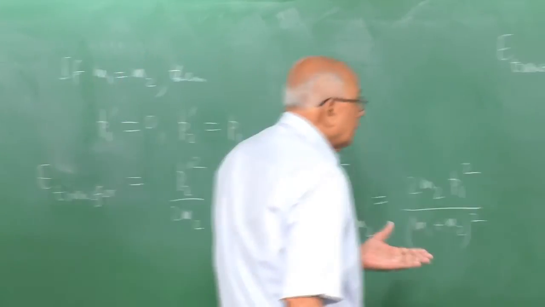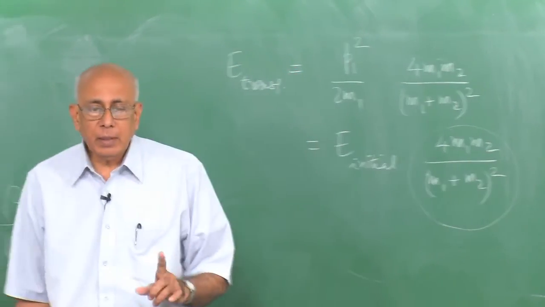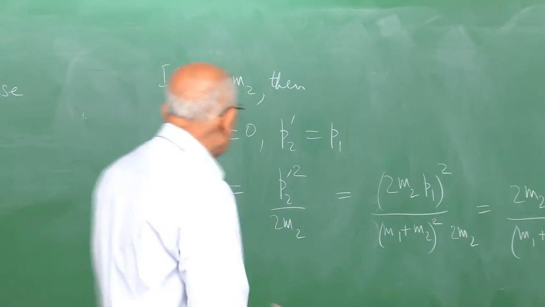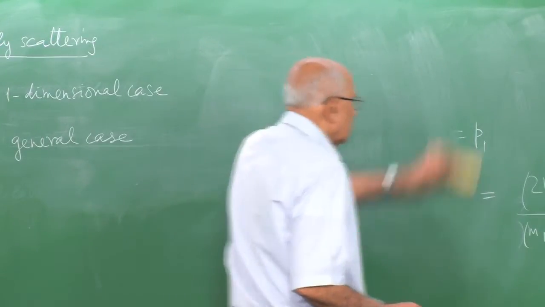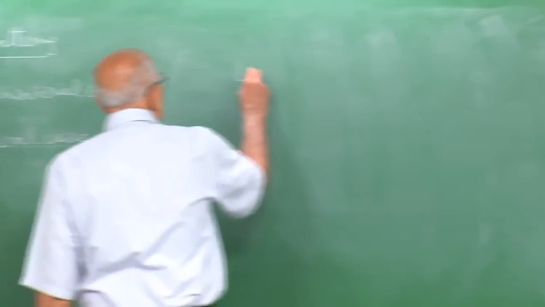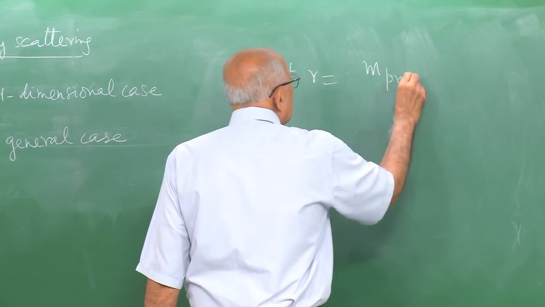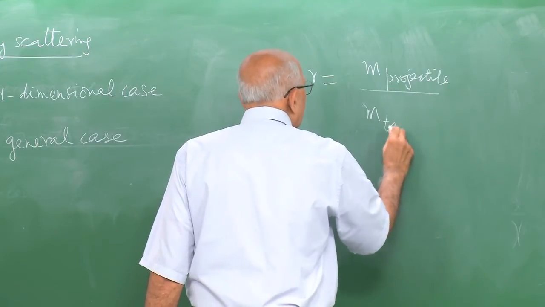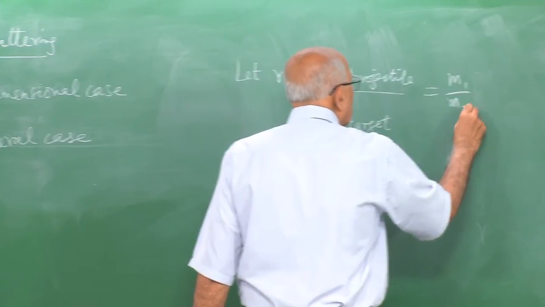And look at what's happening. It's quadratic in the two masses here. So the relevant parameter here is not the individual masses at all, but rather the ratio of masses. So let's introduce a quantity which is the ratio of these two masses. Let R equal the mass of the projectile to the mass of the target, which is of course m1 divided by m2.